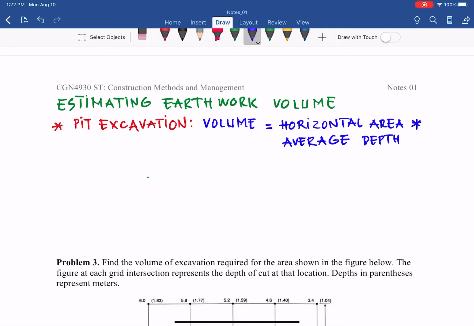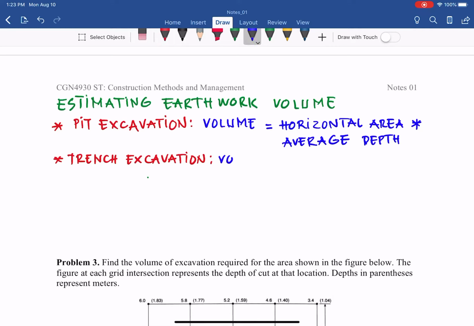So that is for the pit excavation. If we do the trench excavation, for example, we put in a pipeline, water pipe, etc., the length is much bigger than the width, then we are talking about trench excavation. How do we determine the volume?